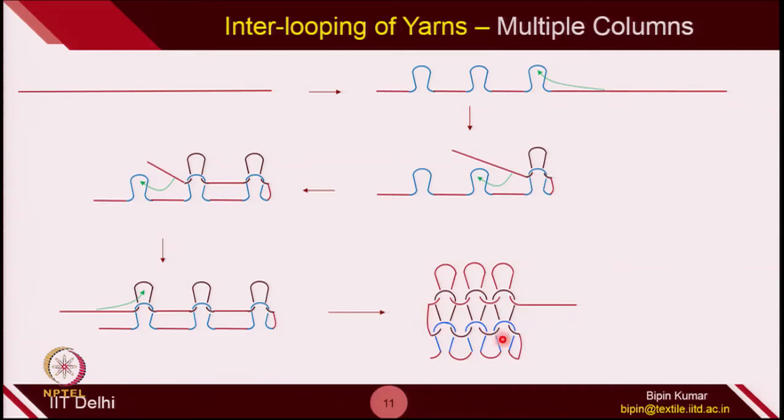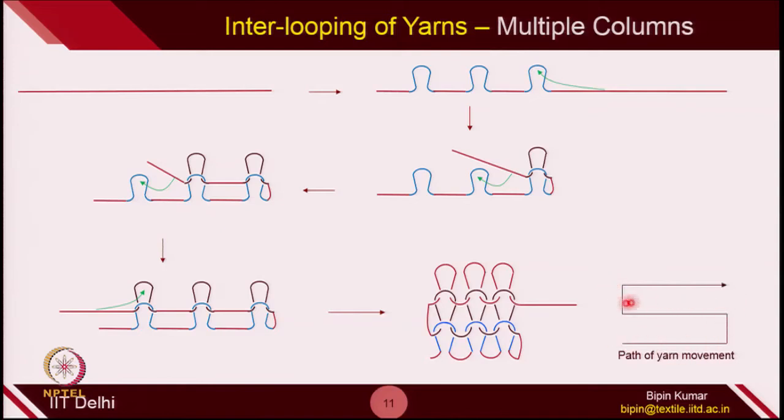The movement of yarn, if you observe here, is in the form of loops moving either from left to right or right to left. You can see here we are creating the loop from left to right, and again for the second course we are creating the loop from right to left and then left to right.